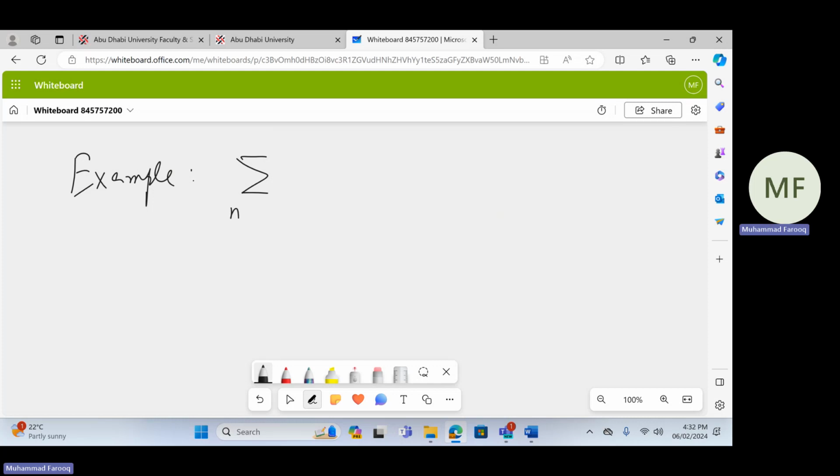Sigma n equals 1 to infinity of n factorial times 2x minus 1 raised to power n. Is it a power series? Yes. Since it has a factorial, you can apply the ratio test. Please apply the ratio test.